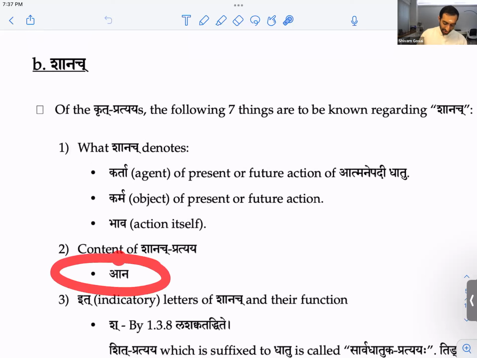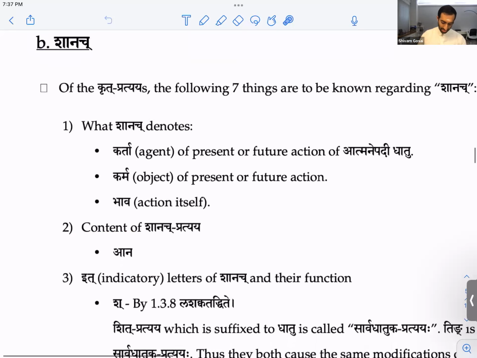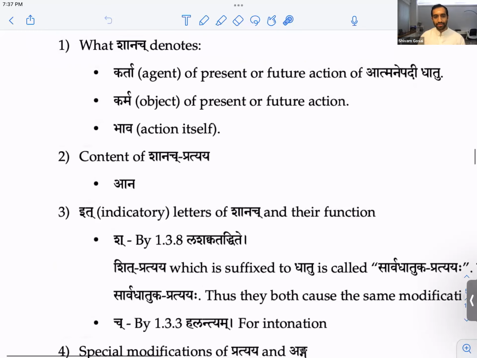The content of Śānac is a bit funny. So you see this Śānac, you finally are left with just ana. That means what? Shakara is it and chakara is it letter. Śānac, sha and cha are it.